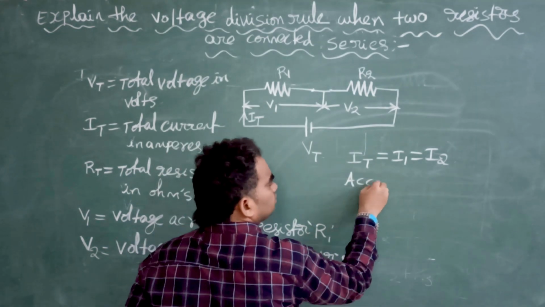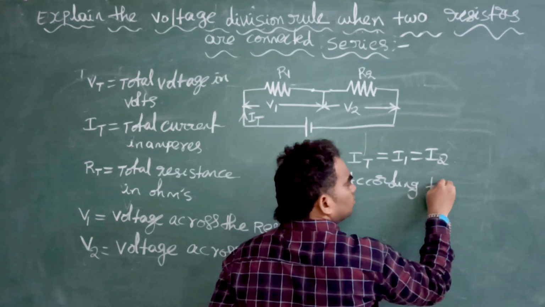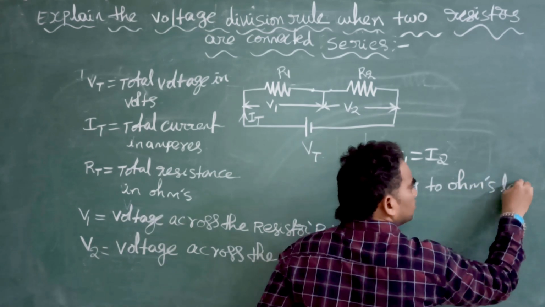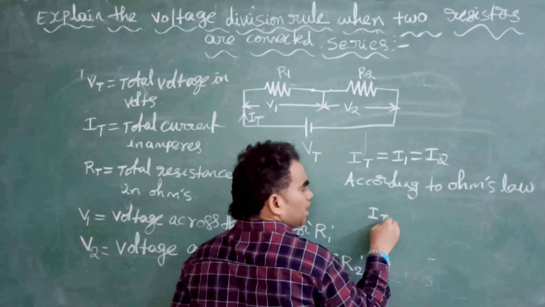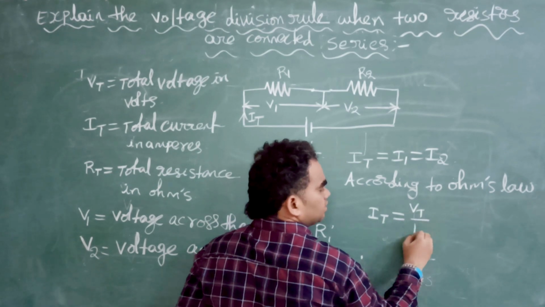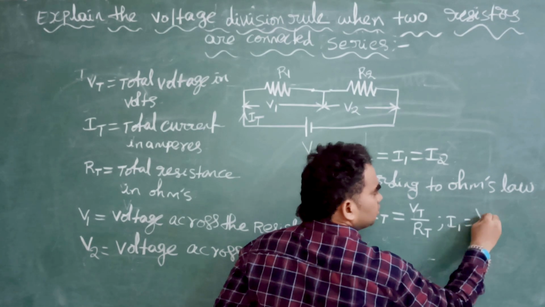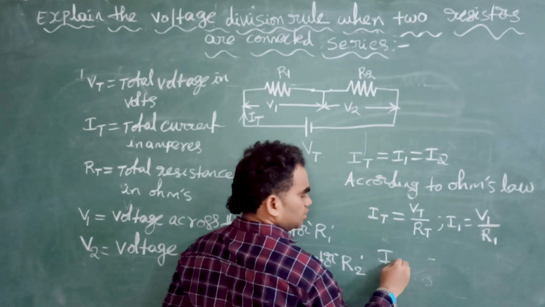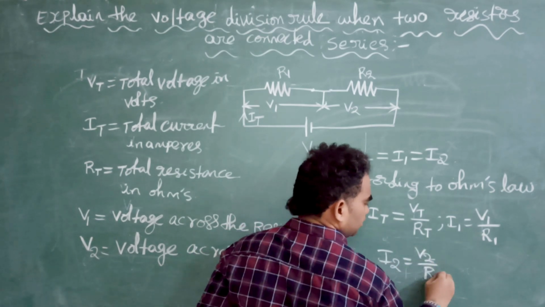According to Ohm's law, It is equal to Vt by RT. I1 is equal to V1 by R1. I2 is equal to V2 by R2.